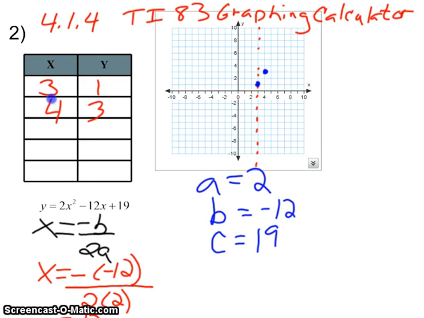What's the reflection of 4, 3 across the axis of symmetry? 2, 3, nice. Let's put 2, 3 in the table. So these 2 points are higher than the vertex. This is looking like it's concave up.